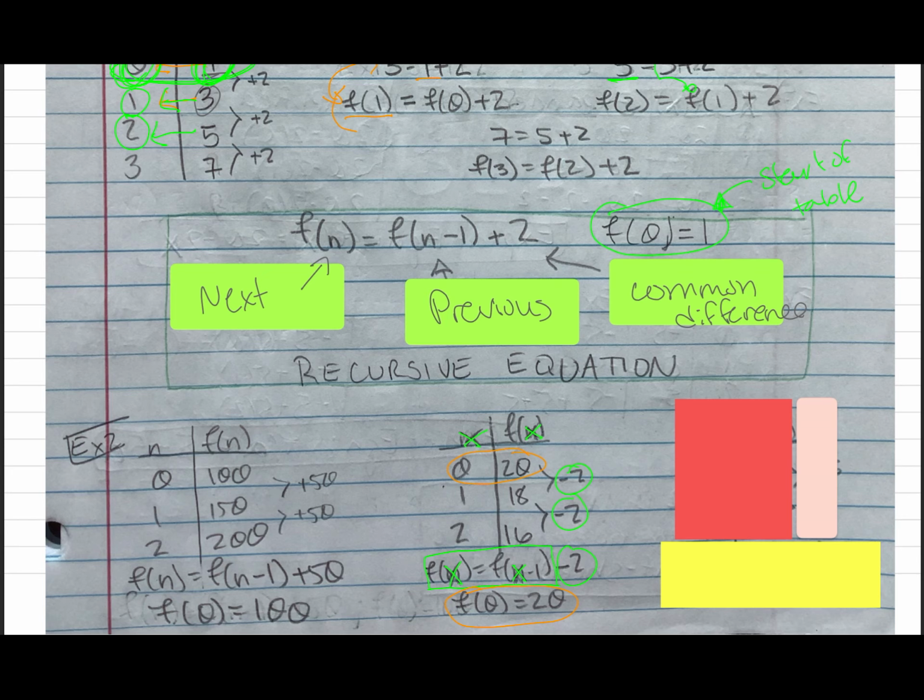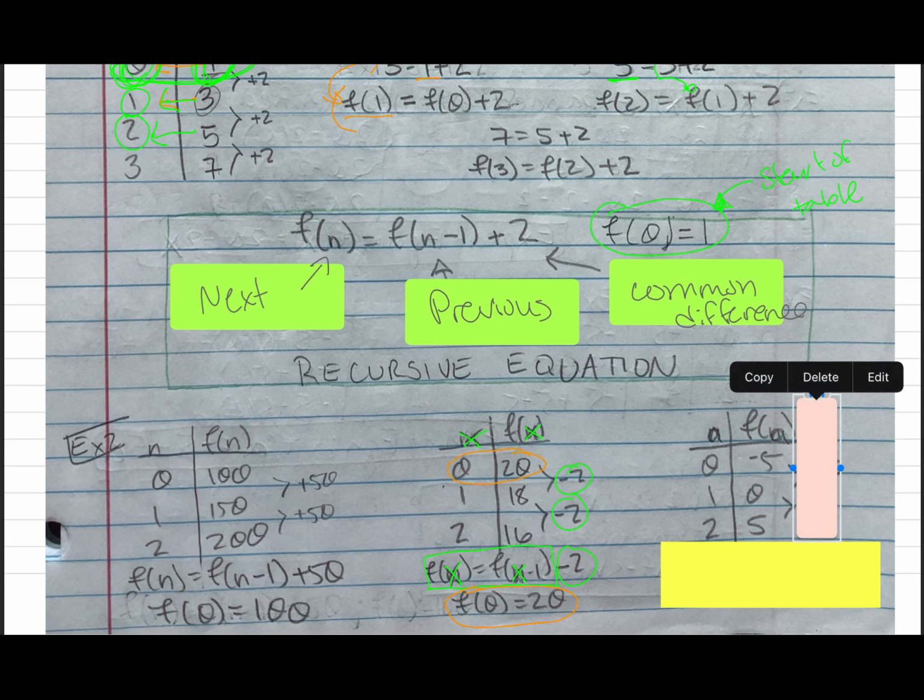Okay, again, we're taking this table and writing that information out as a recursive in function notation, because function notation is what we're working with. So in our next table, we have 0, negative 5, 1, 0, 2, 5. My table here is increasing by 5s.